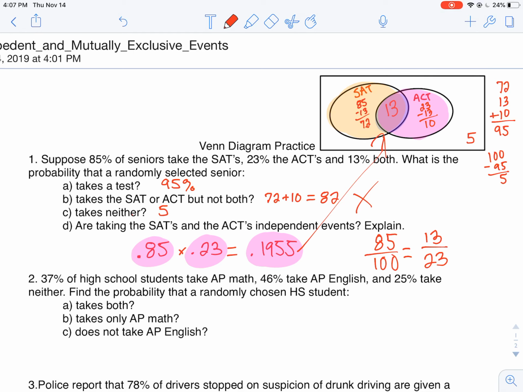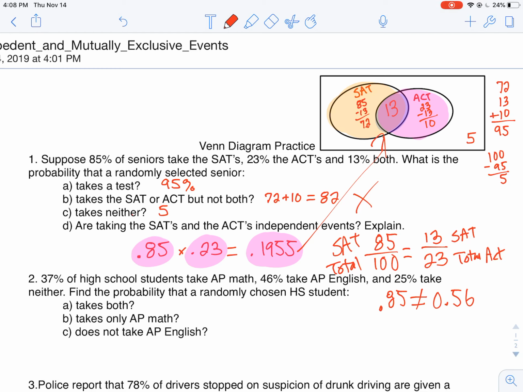It gives me about 56. So 0.85 does not equal 0.56. So therefore, I've also proven they're not independent. Because if they were independent, then the proportion taking the SATs would not change based on my subgroup. So I did it based on the total, and I did taking the SATs based on the total who took the ACTs.